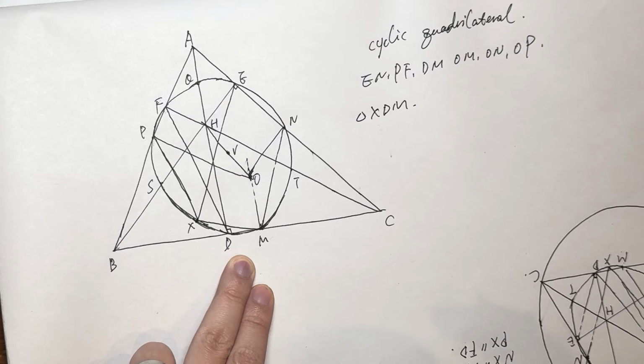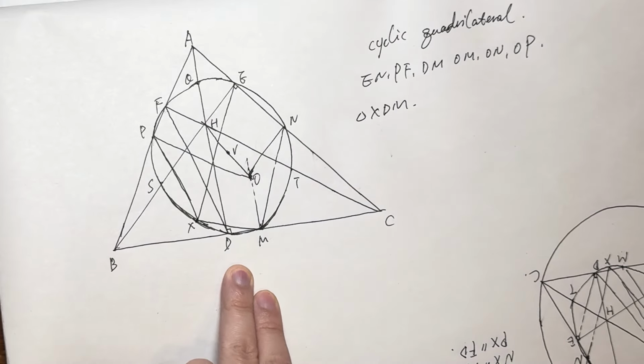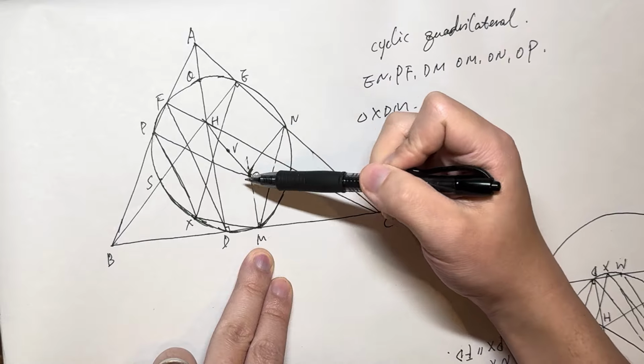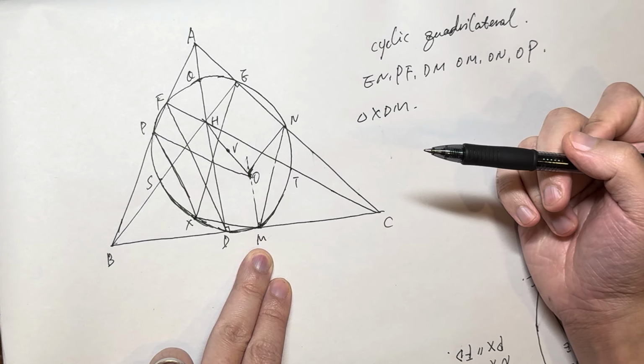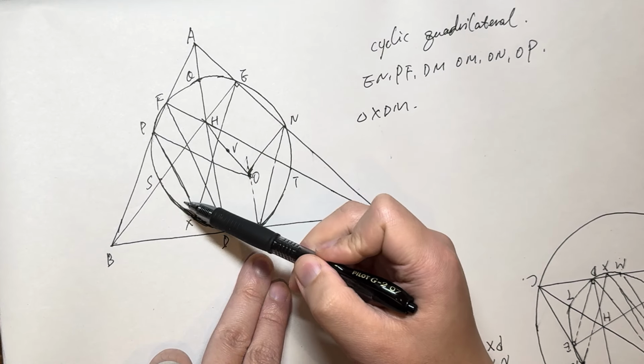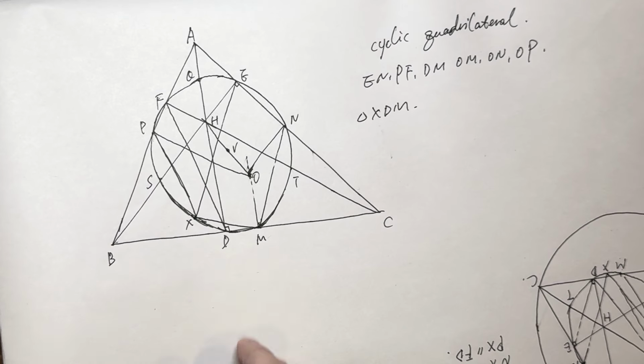Then we know that our quadrilateral must include this triangle, right? And what about OM, ON, and OP? We need to find a way to move these three lines to the side. Right, we need to find a way to move the three lines.